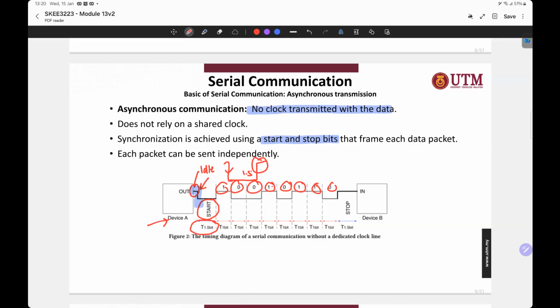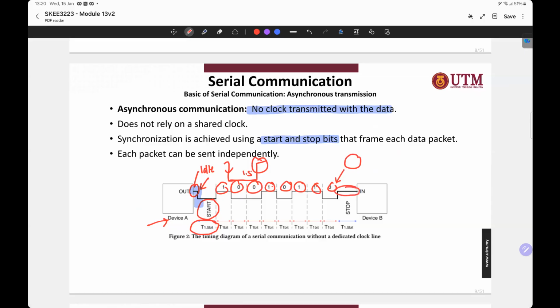The parity bit is transmitted in addition to this data to check for errors. If there is an error, the receiver knows based on the parity bit that is sent out. And then the transmission is ended by a stop bit.